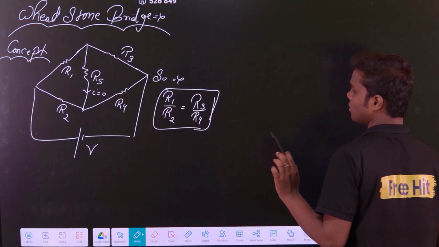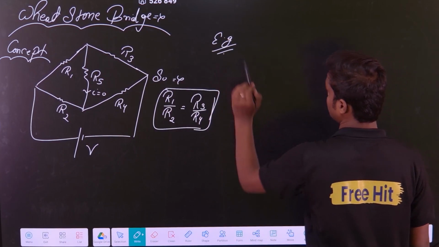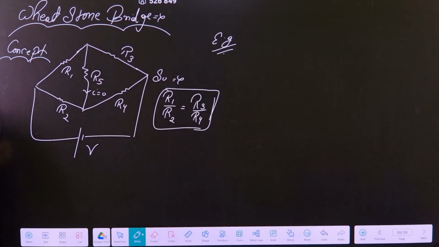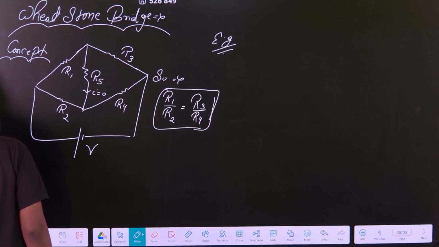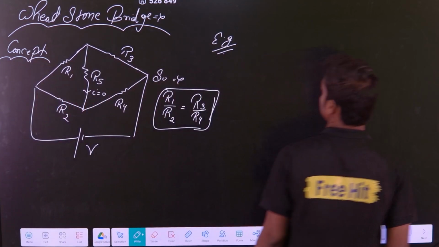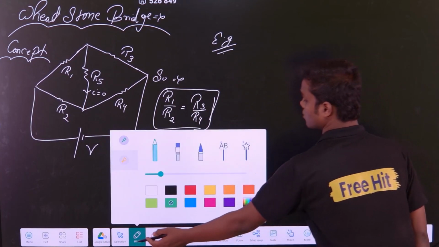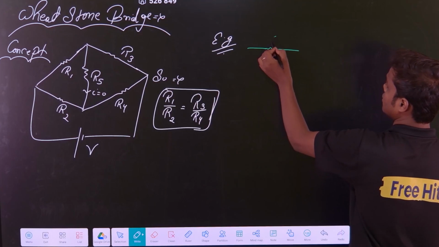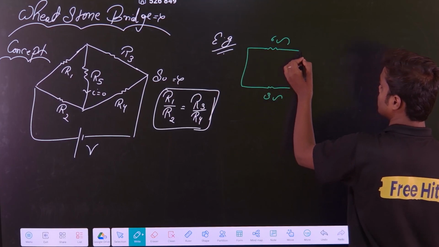Clear? So let us take one example, then you will understand it better. A simple example I will take. They have connected a 6 ohm with 3 ohm.